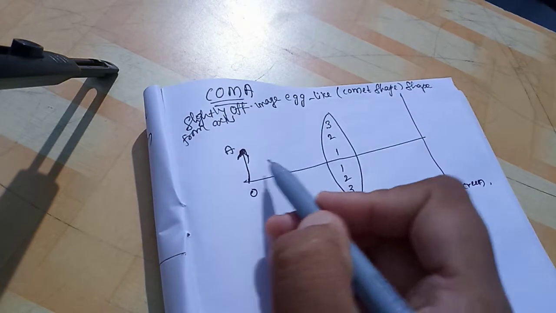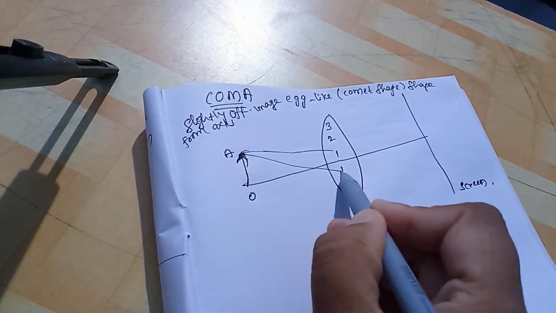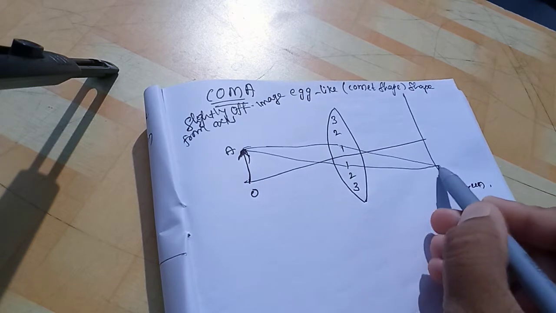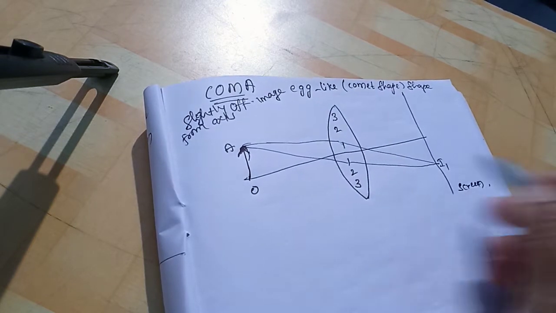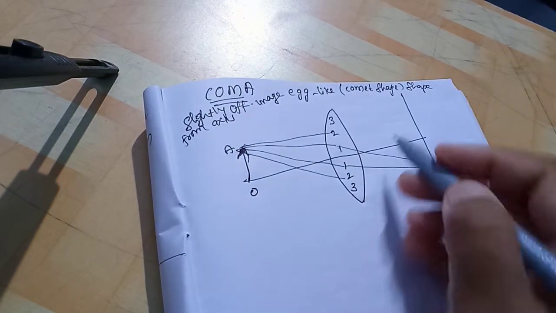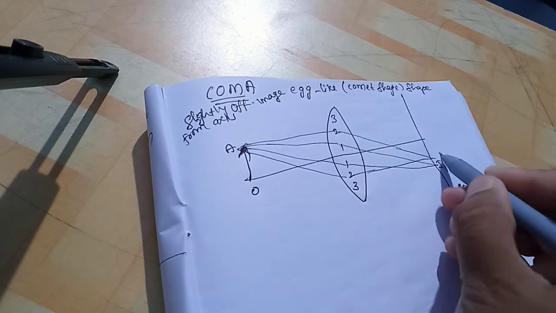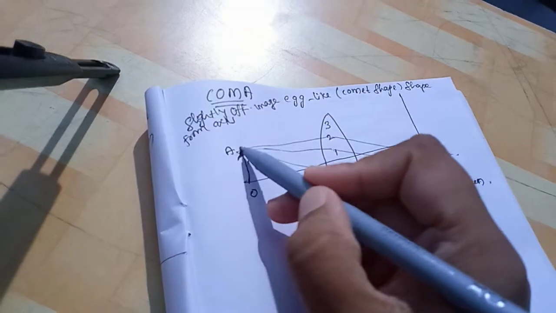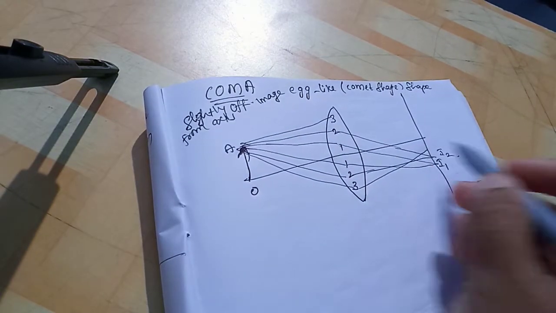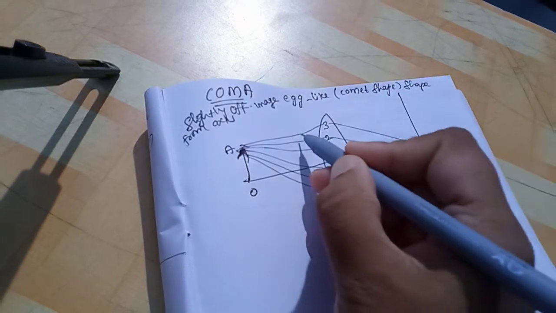The rays passing through zone 1 will focus at some position I1 on the screen. The rays passing through zone 2 will focus at some point I2. The rays passing through zone 3 will focus at some point I3.